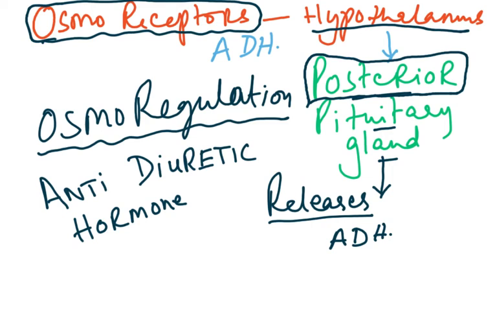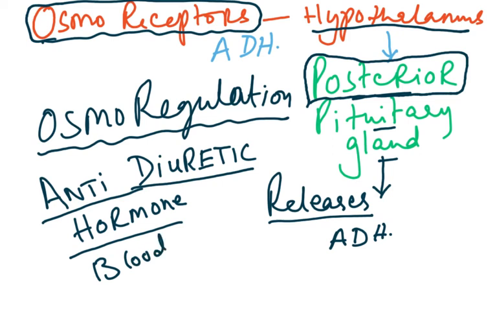Anti-diuretic hormone. Diuresis means more urine being produced. Now if the anti-diuretic hormone is being released, it means that the blood is concentrated. If the blood is concentrated, that means the water potential has decreased.